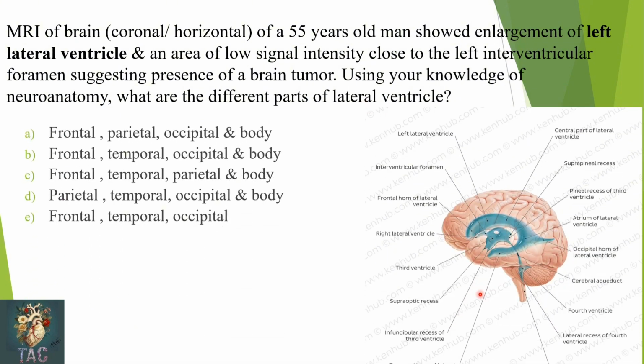Look at this diagram. This is the lateral ventricle, its frontal part, its occipital part, and its temporal part, and this is the body. So the correct option is frontal, temporal, occipital, and body. These are the different parts of the lateral ventricle. There is no parietal part.